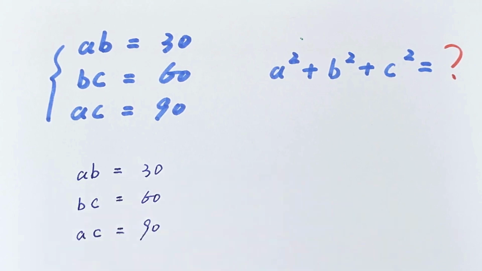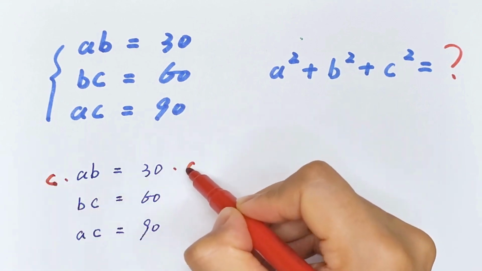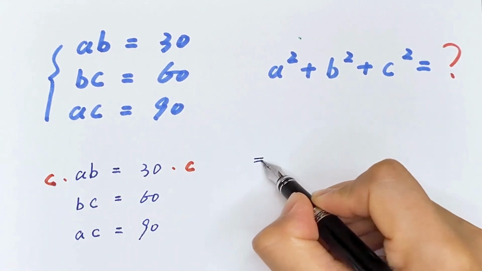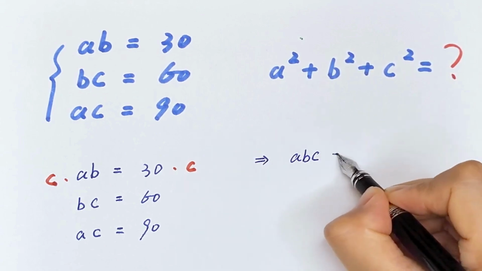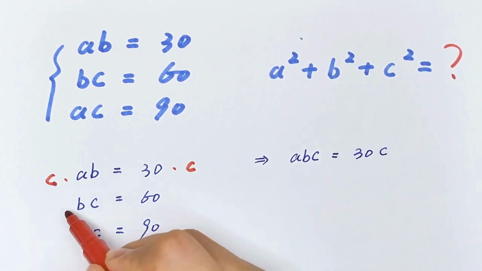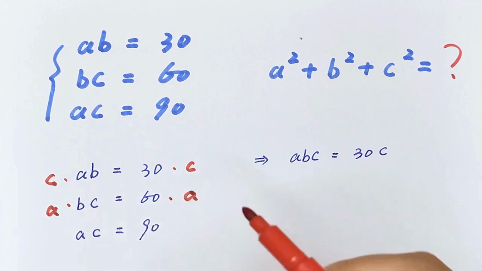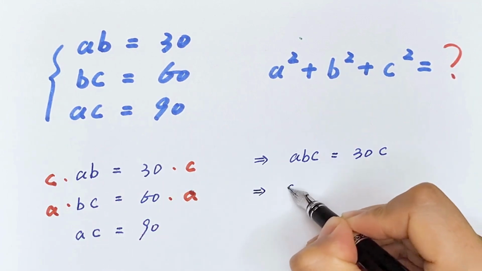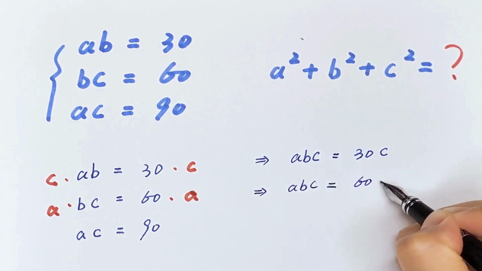Now here we multiply by C in both sides. So it will be ABC is equal to 30C. And here we multiply by A in both sides. So it will be ABC is equal to 60A.